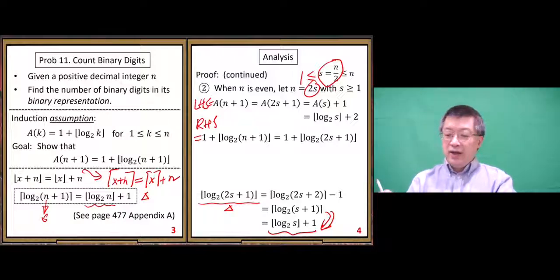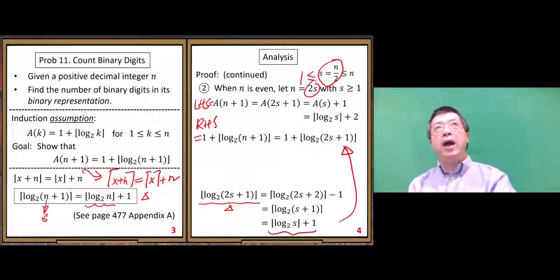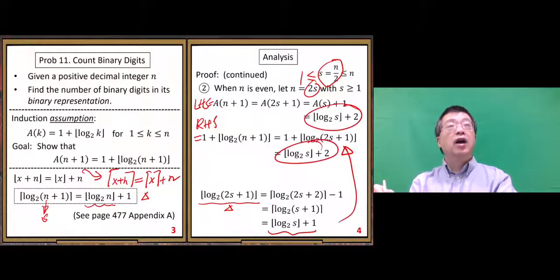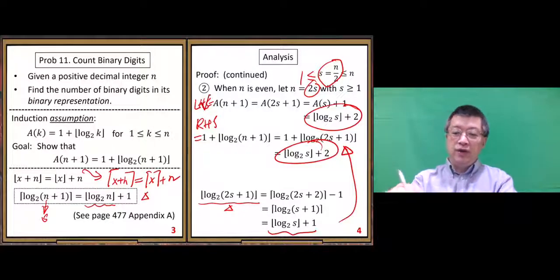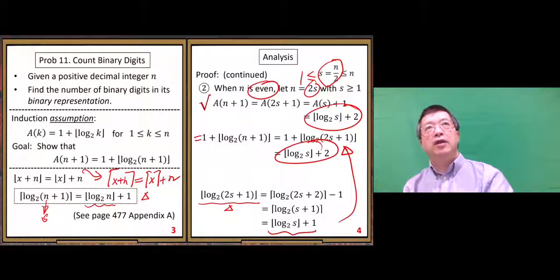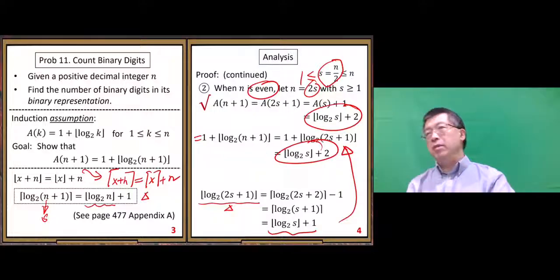After that, you put it back, and you get floor of log base 2 of s, plus 2. Exactly the same as the left-hand side. So after your comparison, you show this formula is also correct for the even case, for n an even number.